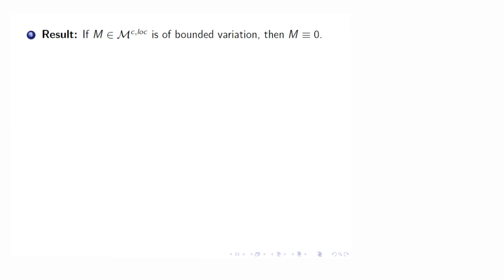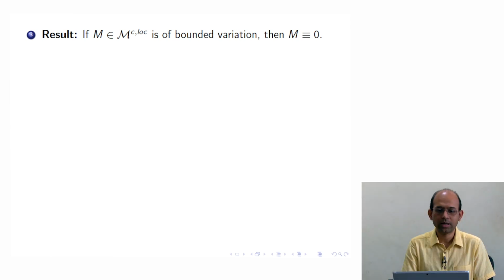Next, we try to develop the notion of integration with respect to a local martingale. If M is a continuous local martingale and is of bounded variation, then M is identically 0.